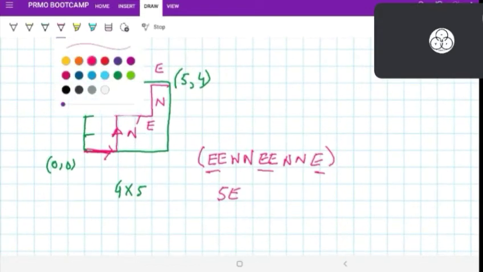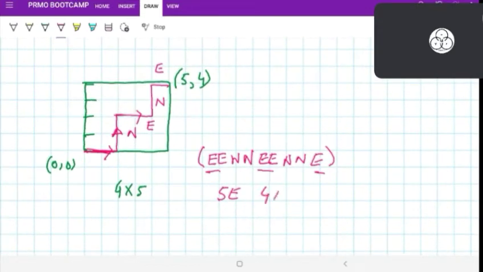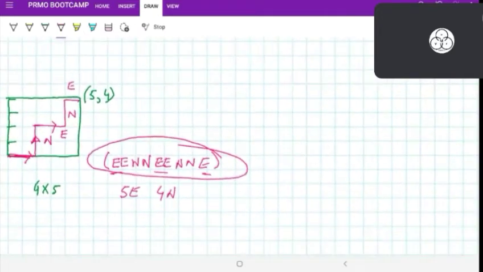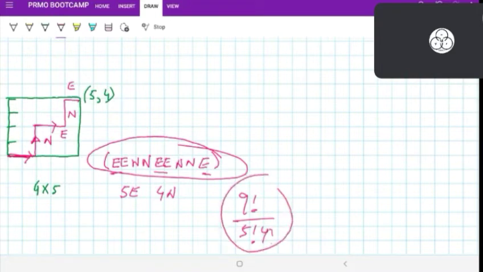Now all of these paths, whatever we are drawing, are just different arrangements of these E's and N's. So how many arrangements are there? With the simple idea of permutation with repetition, we have 9 factorial over 5 factorial times 4 factorial. That's the number of paths, and that's the concept of the shortest lattice path, or you can say northeast lattice path.